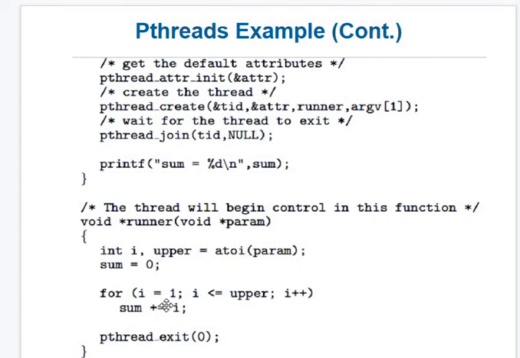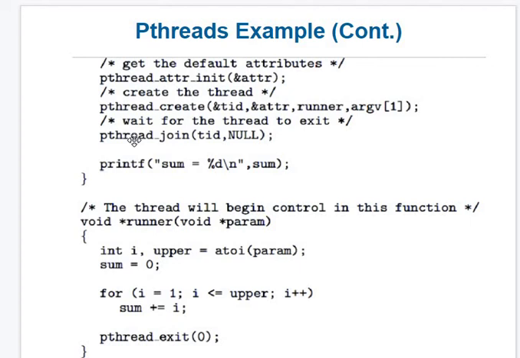The child thread whose name is runner will calculate the value of sum from 1 to the upper limit, and he will destroy himself using pthread_exit. Also, before he destroys himself, he will give back the answer to main. Once the child thread runner destroys itself, the main thread will receive the answer.